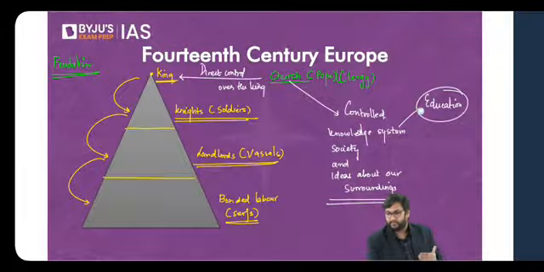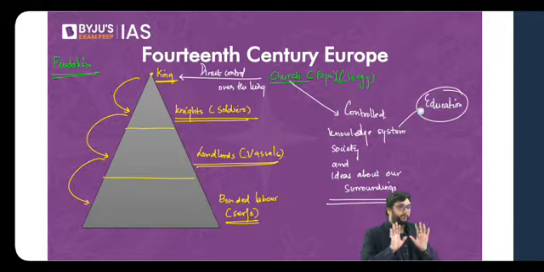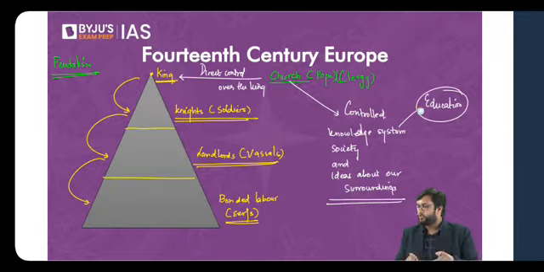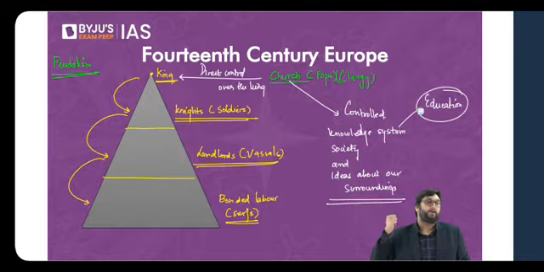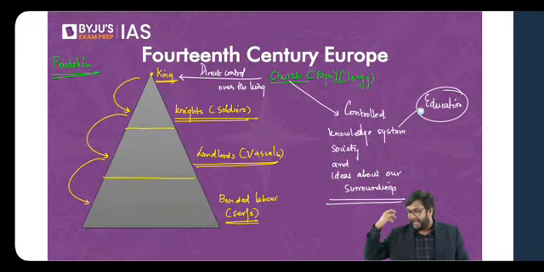Okay, good. Now, 14th century Europe looks like this. King, knight, vassal, serf. Church has too much power. It controls society, knowledge, and ideas.